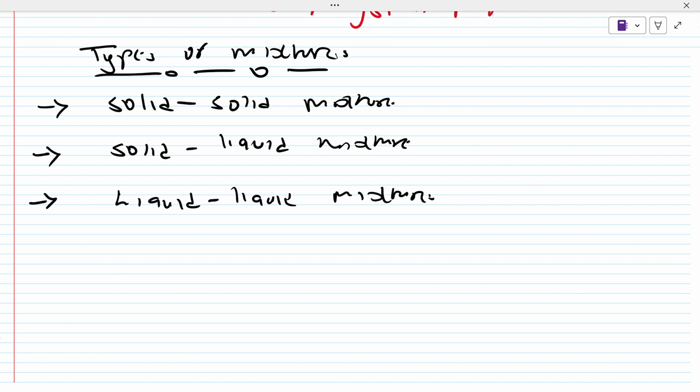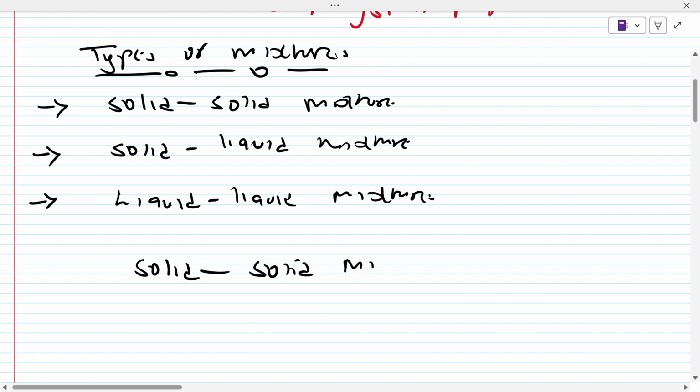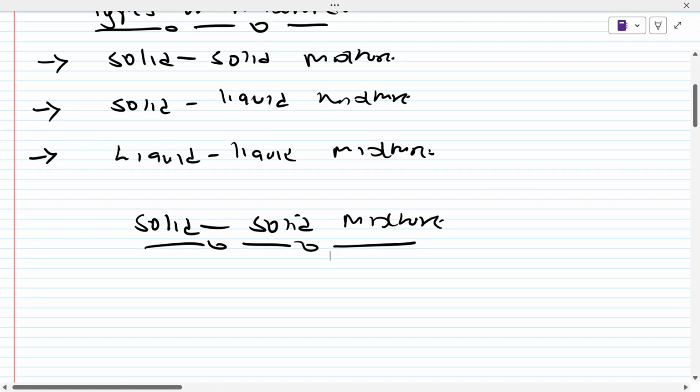So the first one I'm going to start with is solid, solid mixture. Now, under solid mixtures, I want us to discuss the following. What are they?